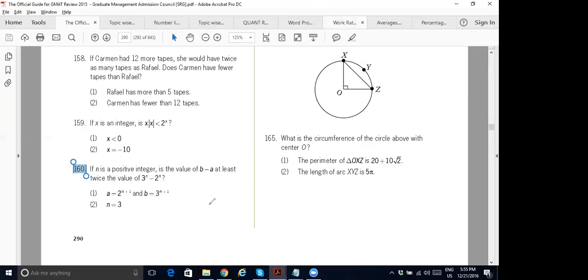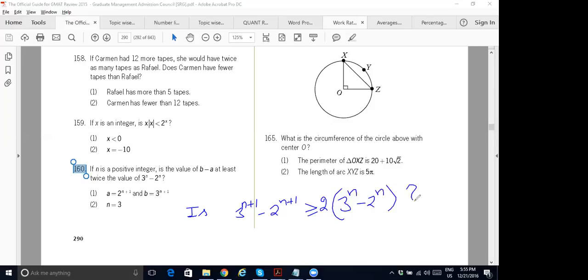So how can we rephrase this question? Is 3^(n+1) minus 2^(n+1) greater than or equal to 2 times (3^n minus 2^n)? Yes.